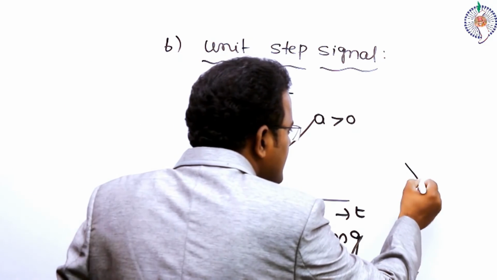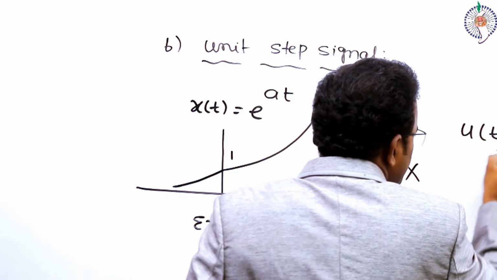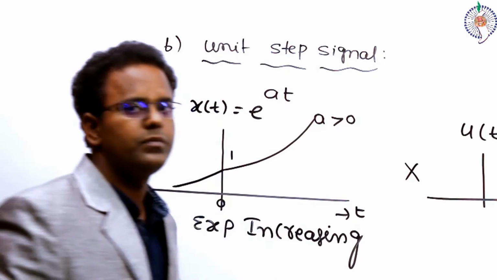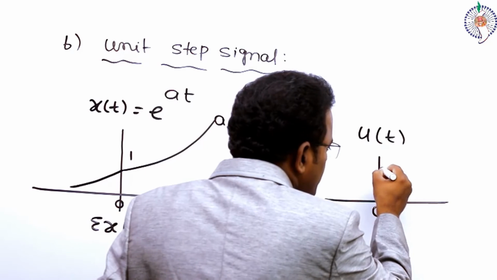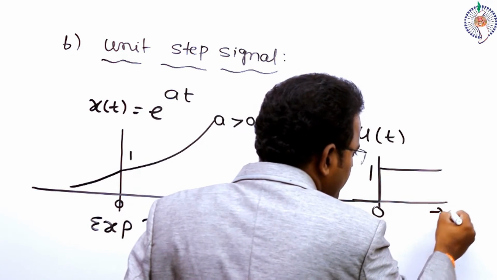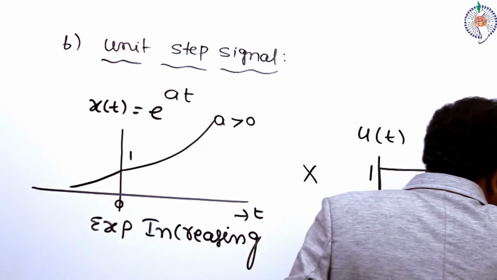Now, this signal I am going to multiply with our unit step signal u of t. U of t existing from 0 to infinity, its values are 1. Now I will get a new signal.